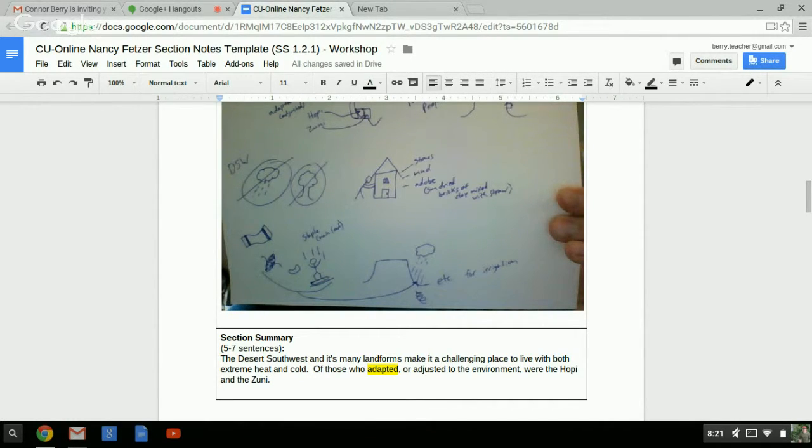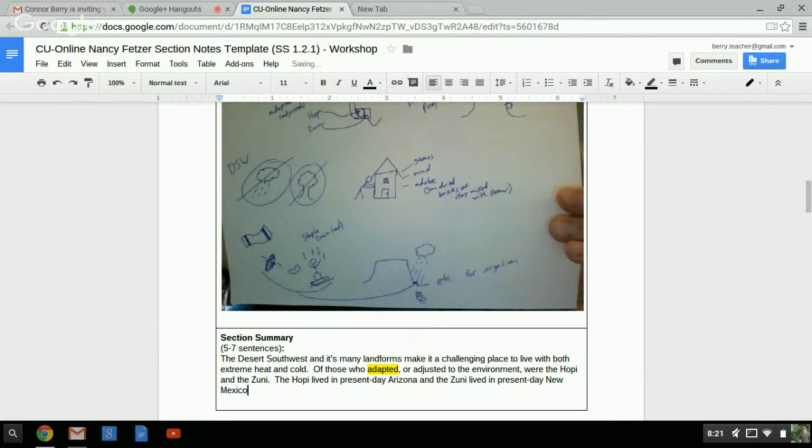Okay, so now that I've written about that, the Hopi lived in present-day Arizona, and the Zuni lived in present-day New Mexico. Okay.